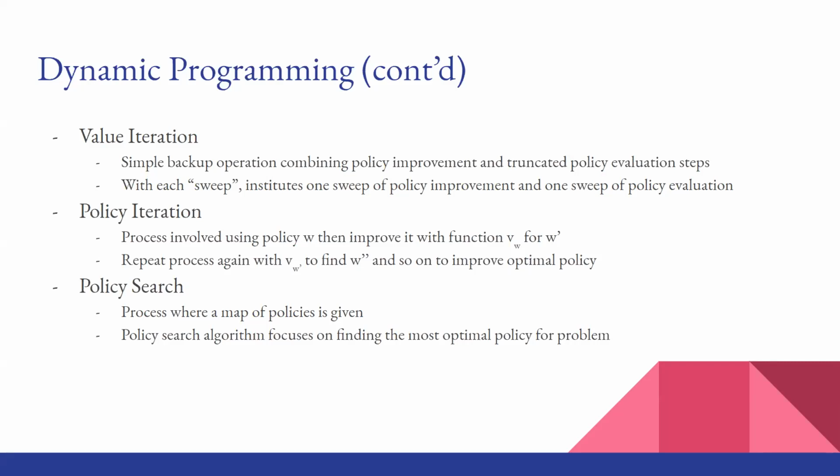In value iteration, it's a simple backup operation combining policy improvement and truncated policy evaluation steps. With each sweep, it performs one of each of these. It will go back and say, all right, we got our output, but was it optimal? Can we improve it? And how was the evaluation? Did we get the output we exactly wanted? If not, it continues tweaking it and changing.